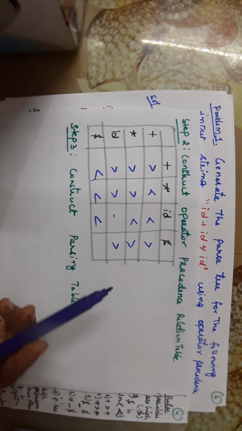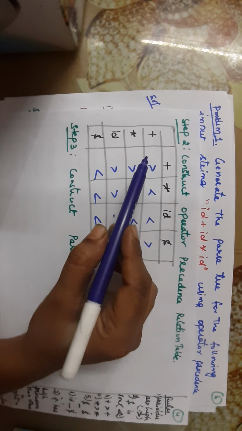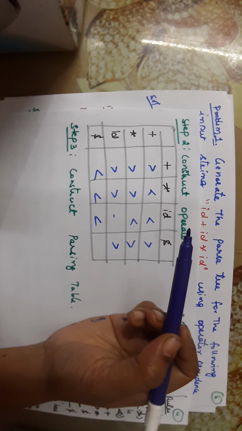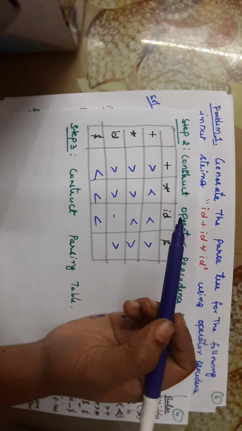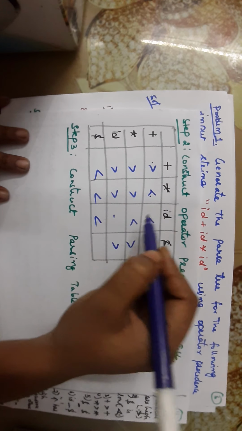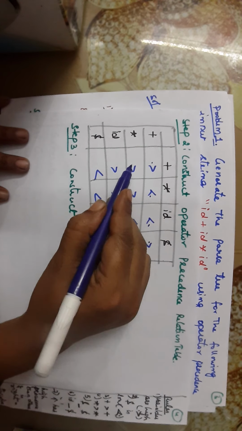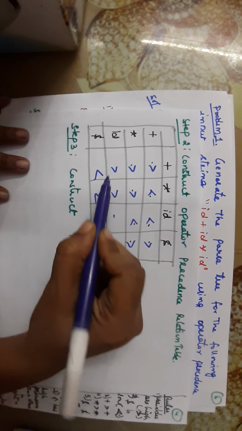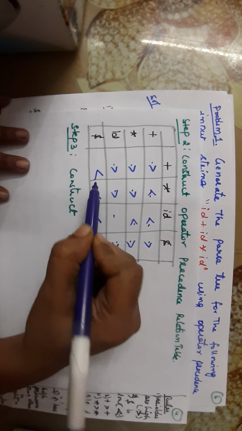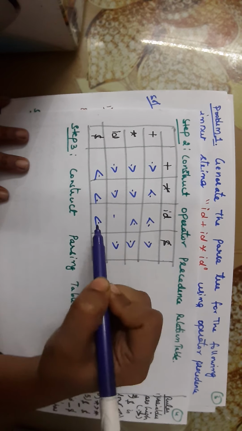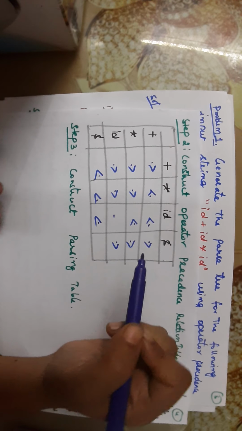And coming to this operator precedence, here plus and star follow the left associative rule. Each and every precedence relation is indicated using a less than or greater than symbol with a dot in between.